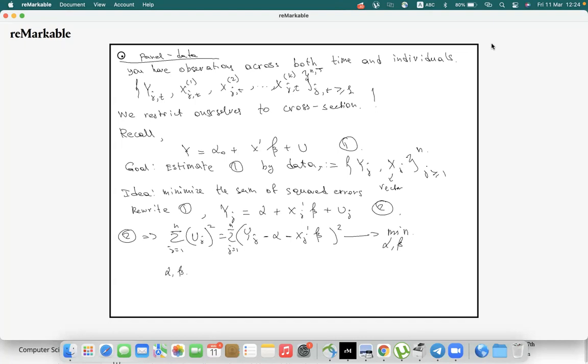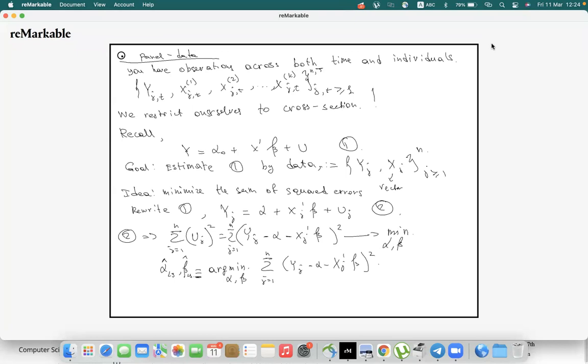Alpha and beta will be basically the arg min of this. The least squares alpha and beta are the best ones.